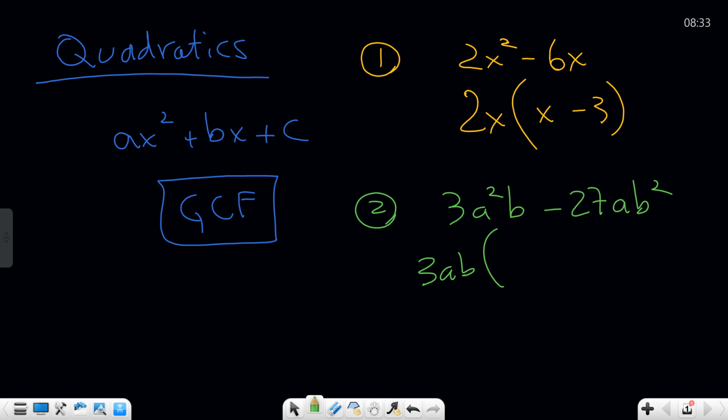I think she did pretty good. When I take a 3AB out of the first term, what do I leave behind? A. When I take a 3AB out of the second term, what do I leave behind? Good. If that's the GCF, then when you're done, this stuff inside parentheses will have no other common factors, which it doesn't, and also up here in the first problem.